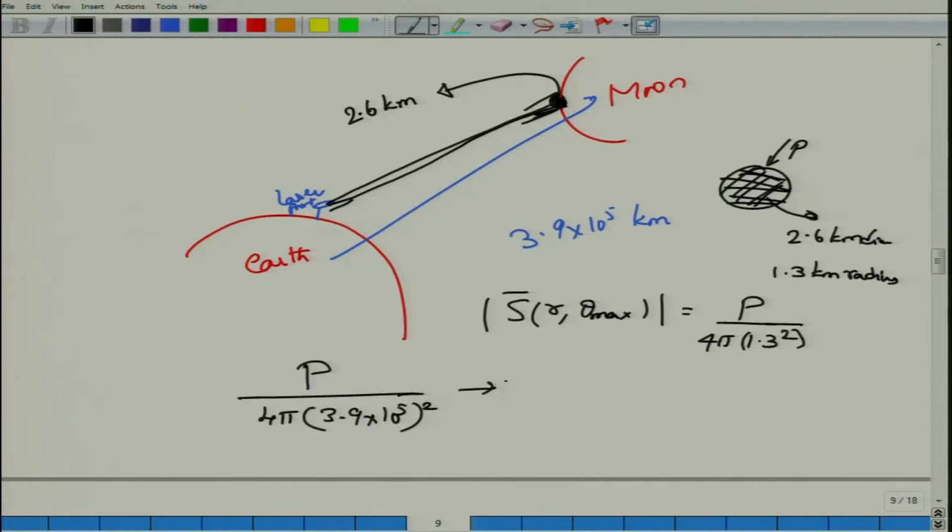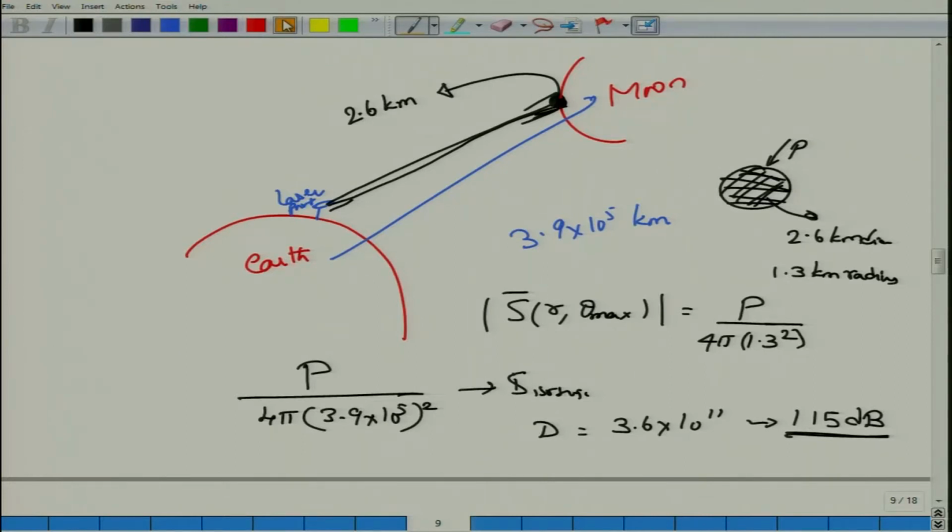This would be the isotropic radiated power density. The directivity is the ratio of this quantity to this quantity. When you take the ratio, P will cancel, 4 pi will cancel, and what you see is approximately 3.6 into 10 to the power 11, or about 115 dB.